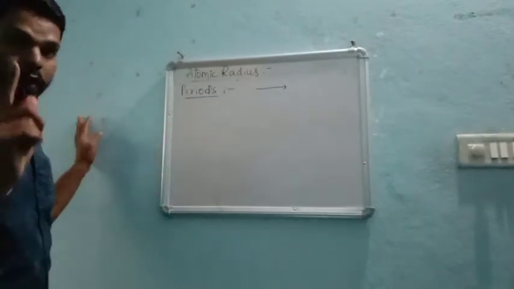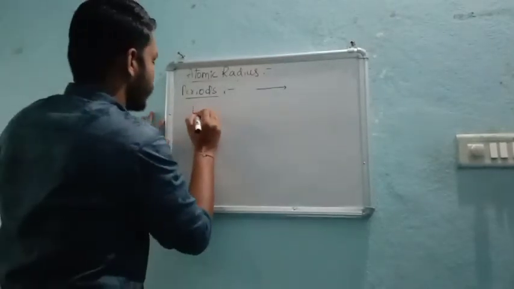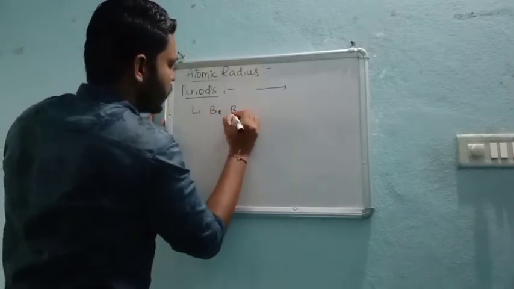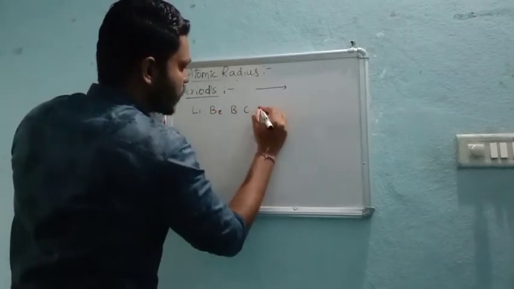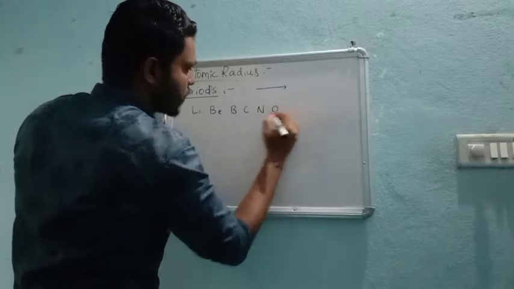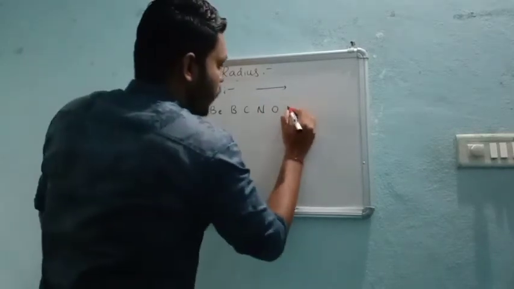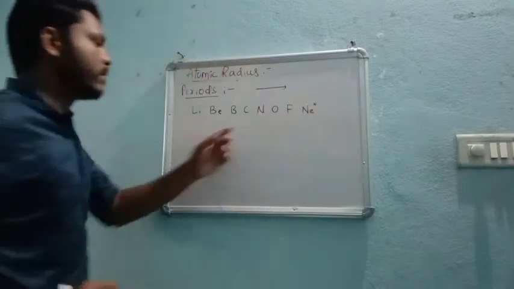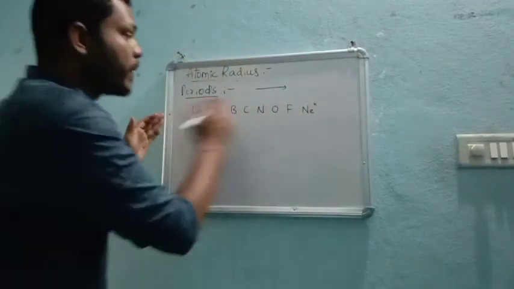So I will write one period: lithium, beryllium, boron, carbon, nitrogen, oxygen, right? Fluorine and neon. We don't need this, but it is one complete period.